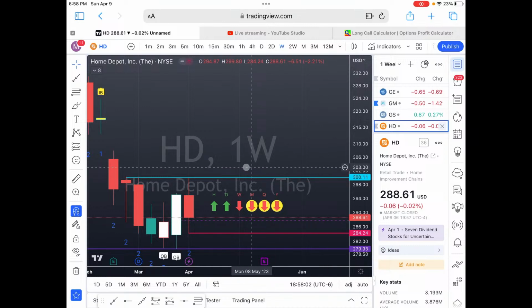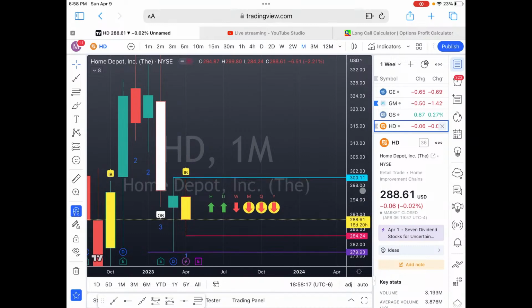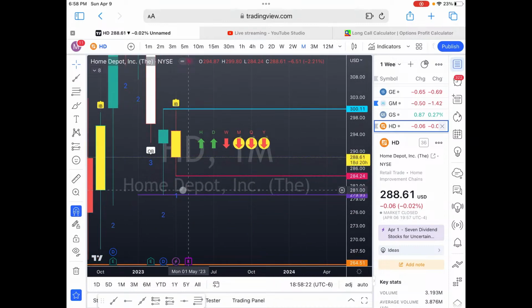So in saying that, Home Depot, I've got this set up, 2 up red. We're going to look for puts at 284.24. And I'm going to look at something here on the month because, well, we are stuck 2 up, inside bar on the month. I thought we broke the high side. We did not. Okay, so as we trend down, we could end up seeing a continuation to the downside on the monthly.